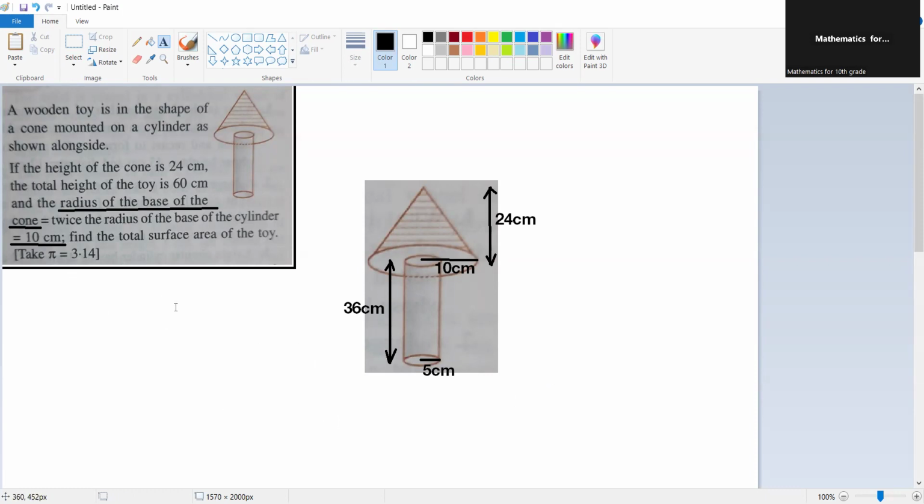So we need to find the total surface area of the toy. So if we notice carefully, if we draw the side view, it will look something like this. So this is the cone on the top.